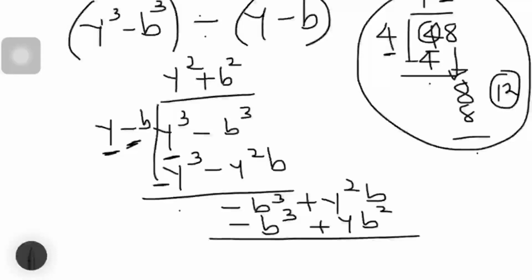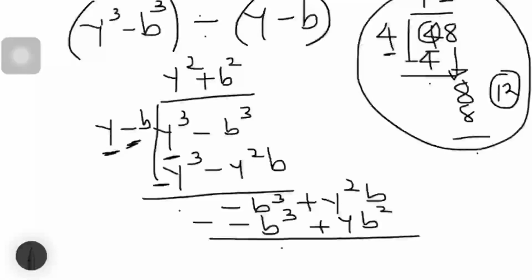And then what is the next step? The next step is I have to subtract, because the b cubed and the b cubed, I want to get a 0 from there, right? So we have to subtract, because if we introduce a negative sign, minus, and we have another minus b cubed, then the minus and the minus changes to a plus, and therefore minus b cubed plus b cubed, you get a 0.